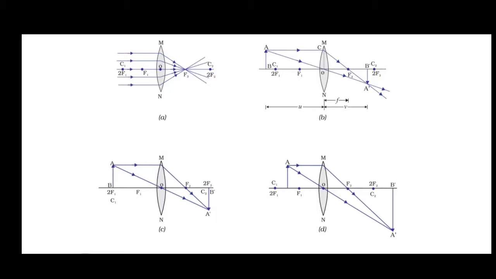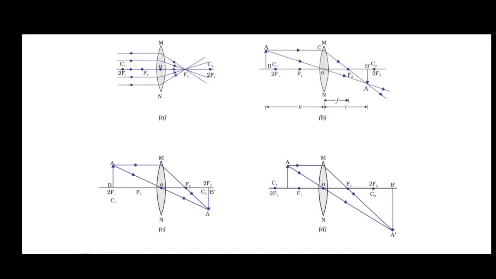So we consider the meeting point at f2 and the ray passing through the optical center. They both meet at a point between f2 and 2f2, that is A dash and B dash. The size of the image is diminished, and it is real and inverted.